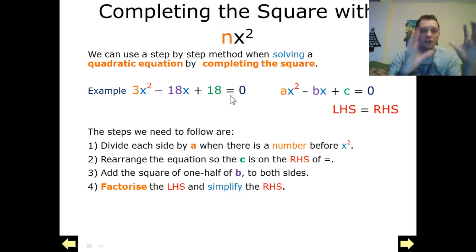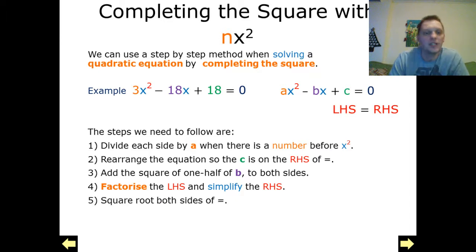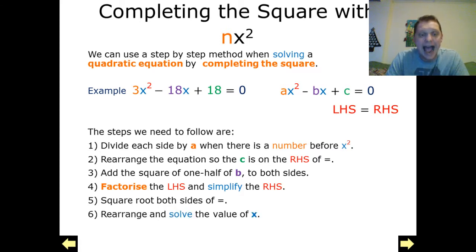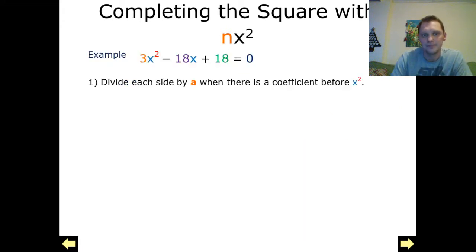Then we're going to factorise the left-hand side and simplify the right-hand side. Step 5, we're then going to square root both sides. And then we're going to rearrange it, leaving x all on itself on one side, so we're going to be solving the values for x. So let's have a look at the example.